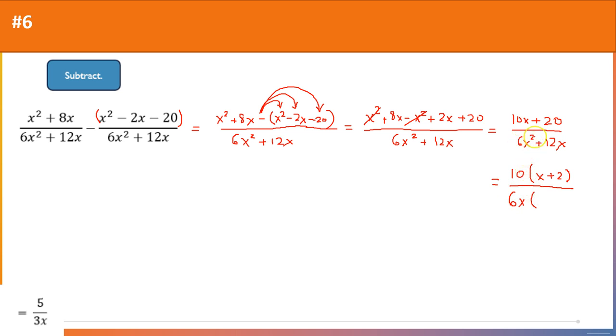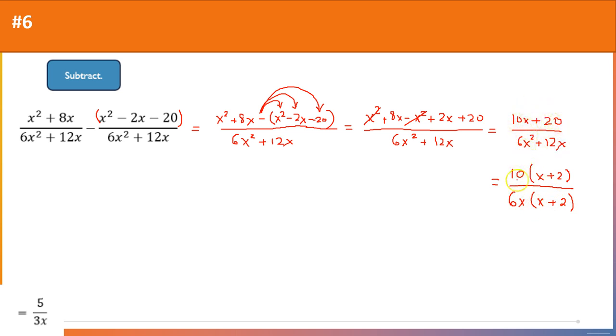So we take out 6x from 6x squared, it leaves me with an x. Alright, 6 divided by 12 is 2. And take out the x, there'll be no more x's. Okay, so I factored the denominator here to get 6x times x plus 2.